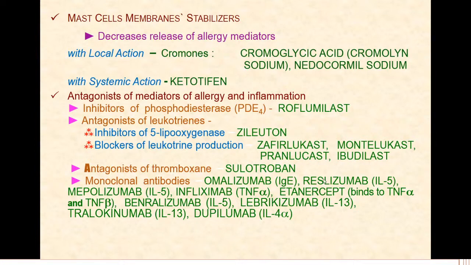Monoclonal antibodies blocking these target molecules inhibit manifestations of allergic and inflammatory reaction in bronchial asthma.